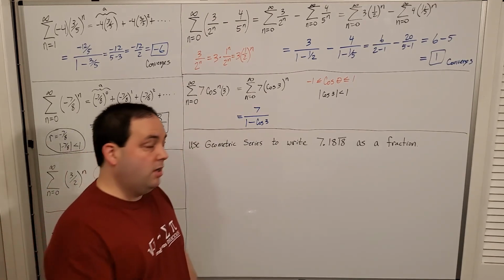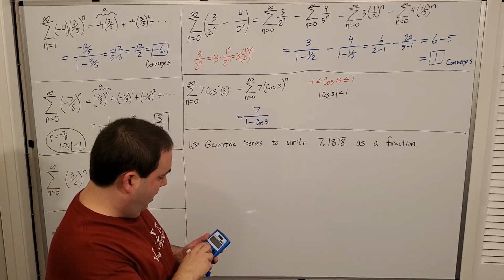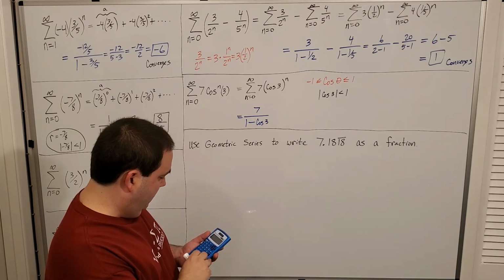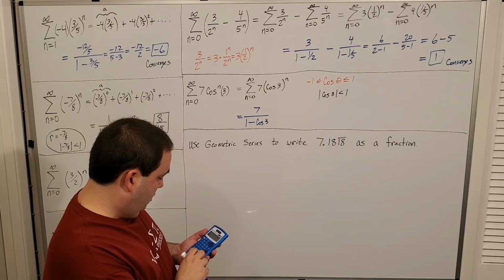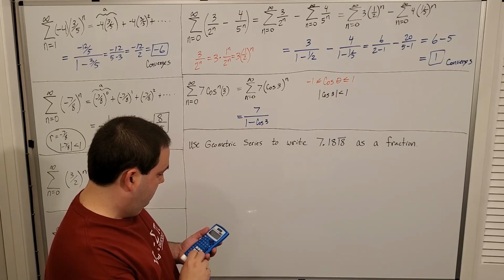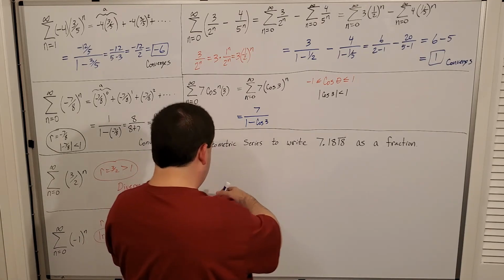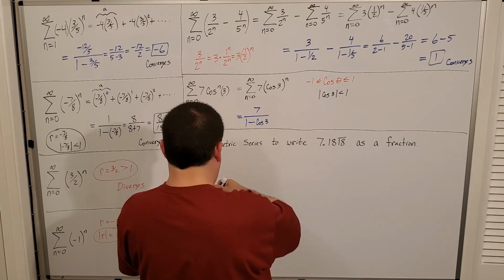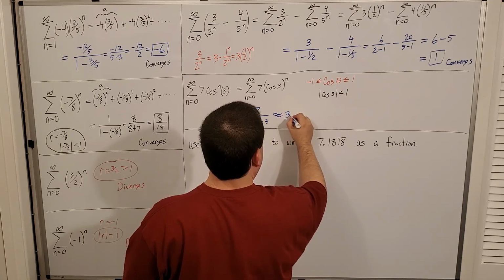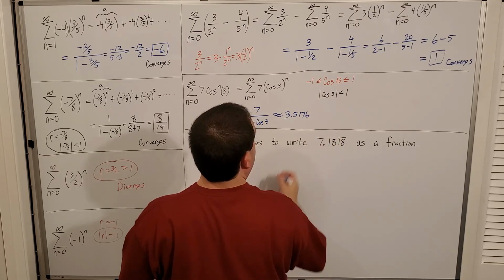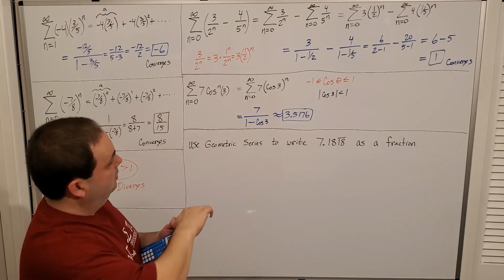Let's also get an approximation here. I can do 7 divided by, make sure my calculator is in radians, 1 minus cosine of 3. And I get 3.5176 as an approximation of what this converges to.